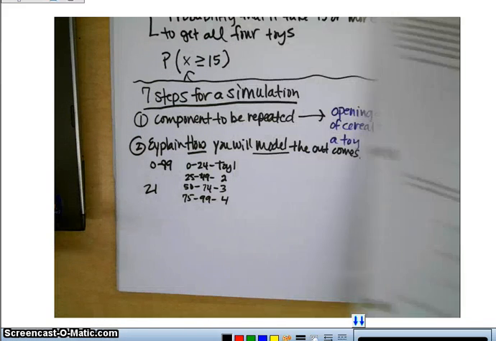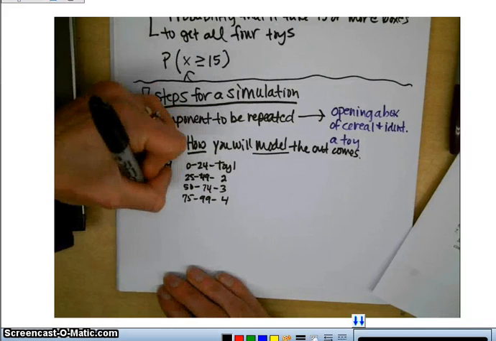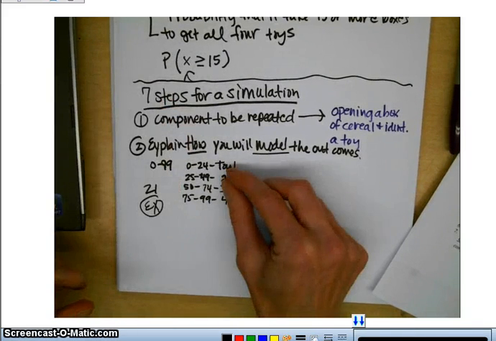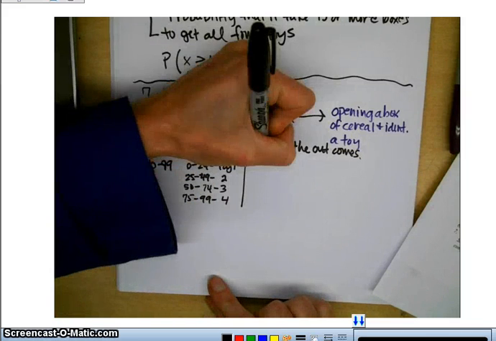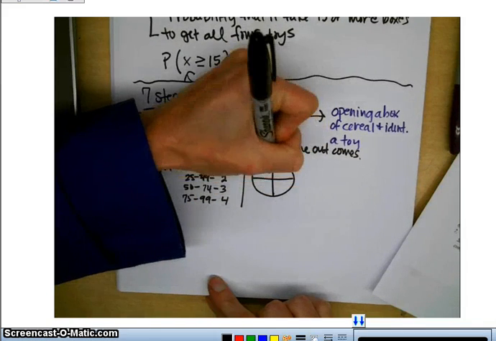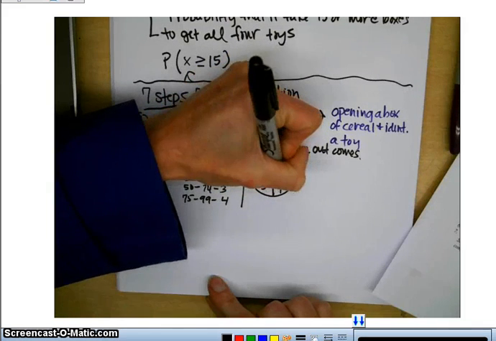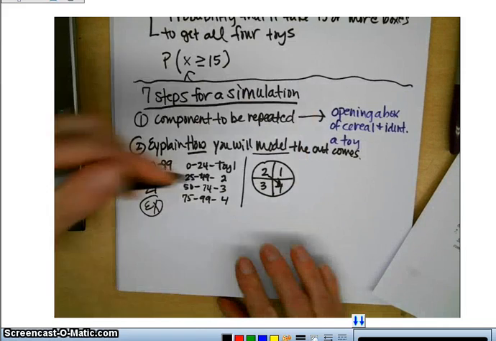Okay, what we're actually going to do, what you can do and practice on your calculator, this is one example of how you can simulate it. And the key here was that they were equally likely. That's why I had to have these 25 sets of numbers. What we're going to use is a spinner, and this spinner is numbered in this fashion. And we spin the spinner until it lands on all 4 sections.